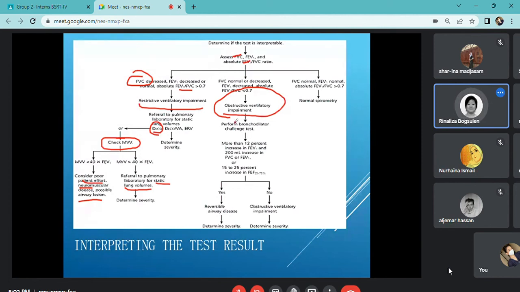Okay? Ngayon, ito pala. All values, di ba, in practice, all your parameters are performed post-bronchodilation. Ibig sabihin nun, usually, ang ginagawa natin ngayon is lahat na binibigyan na natin ng bronchodilators.